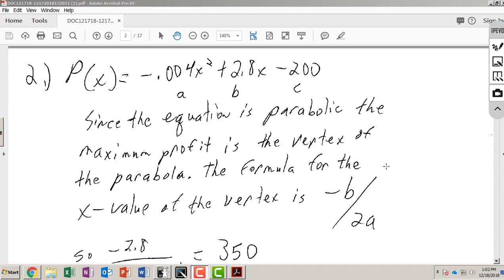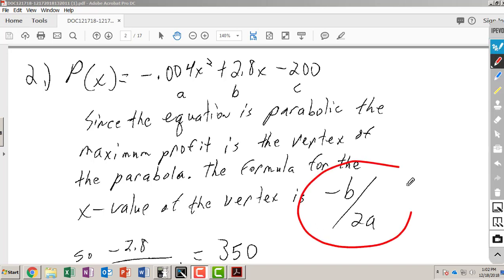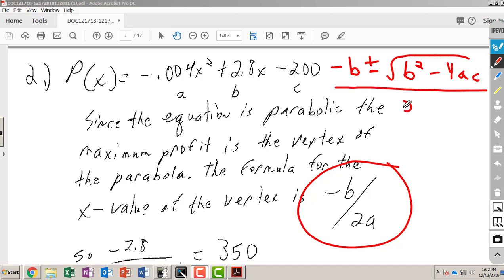Your vertex formula is negative b over 2a. Remember, that formula actually comes from the quadratic formula: negative b plus or minus the square root of b squared minus 4ac, all over 2a. When I use that entire formula, it finds my x-intercepts.